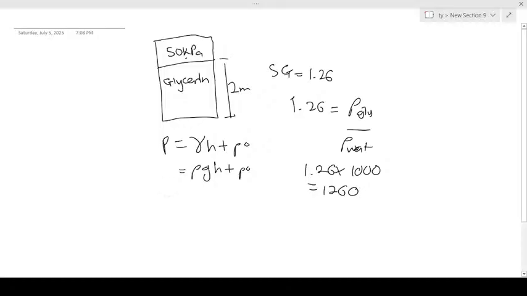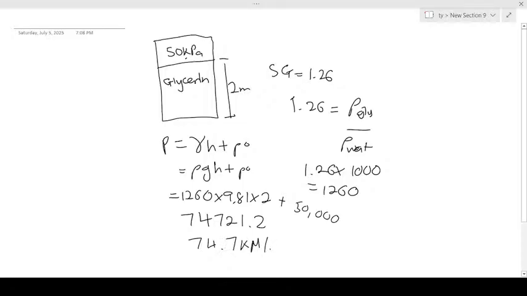So now, to compute this, we are going to have 1260 times 9.81 times the height, which is 2 meters, plus your external pressure, which is 50,000. When we compute this, we're going to have 74,721.2, which is 74.7 kilonewton per meter squared.